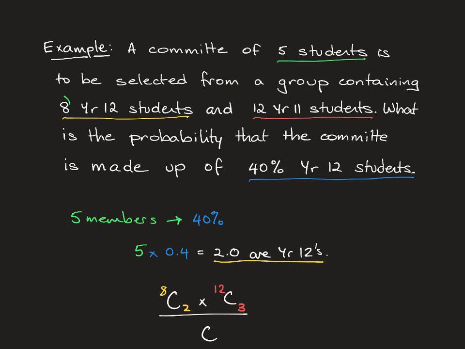So we've got 8 Year 12s and 12 Year 11s. So altogether we have 20 people in our population and we need to make a committee of 5. That's our sample size. So if we go ahead and calculate that using our CAS calculator, we get 0.3973 as our final answer.